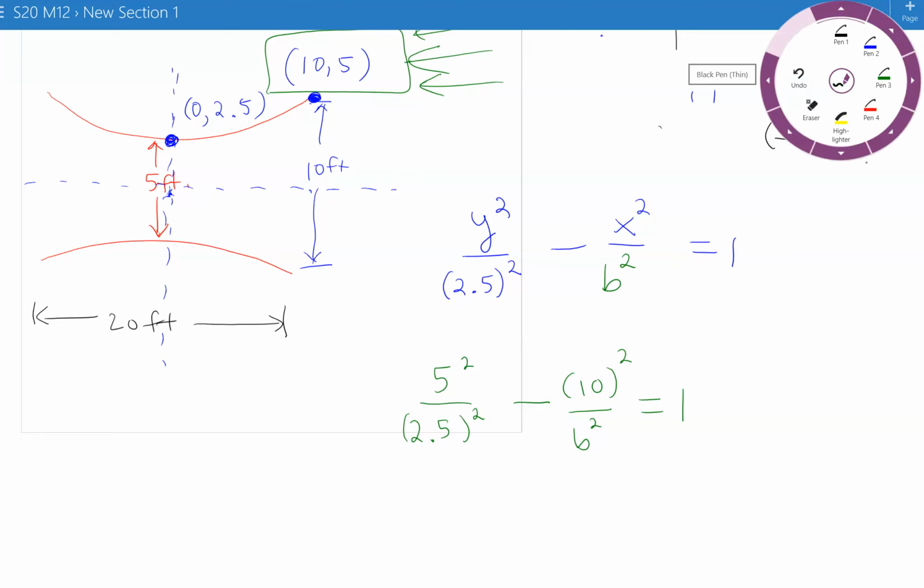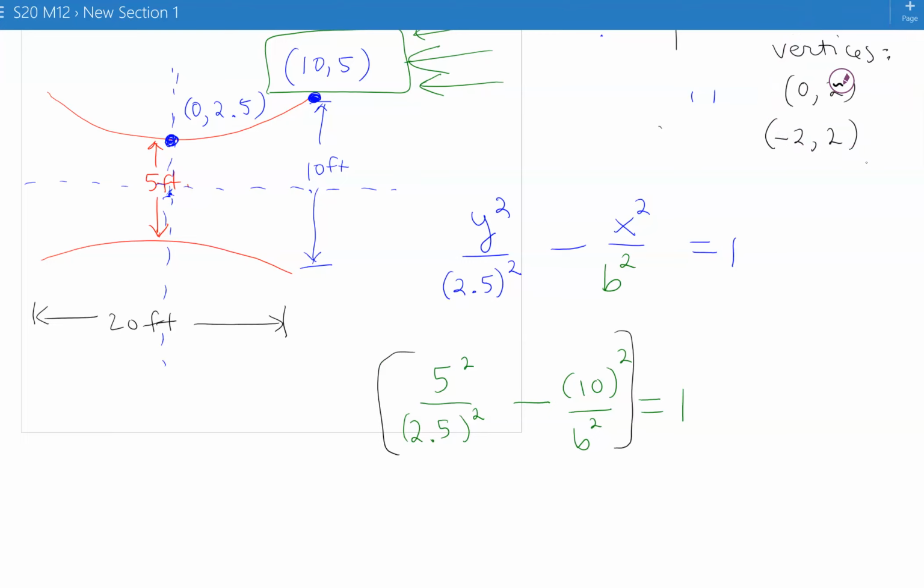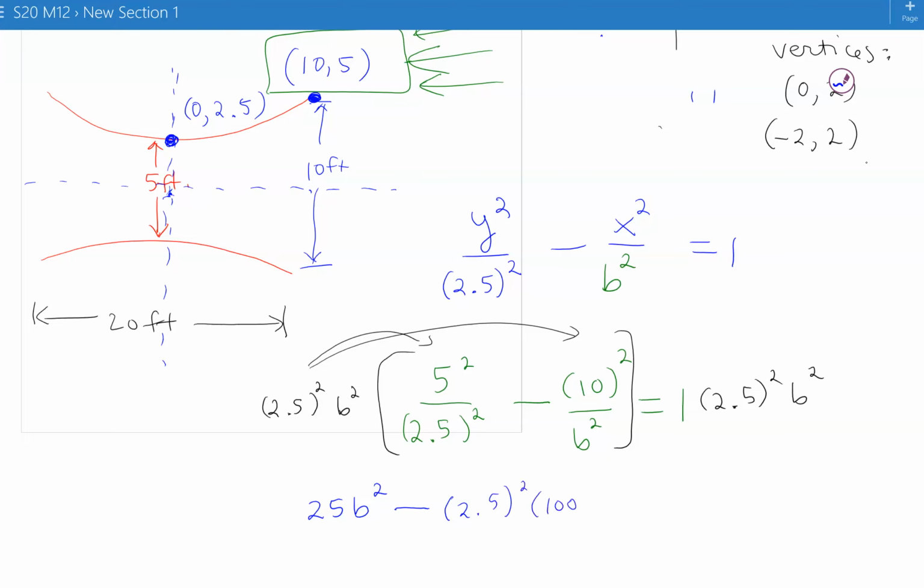So I would multiply both sides by 2.5 squared b squared so that I wouldn't have any denominators to deal with. Then I'm going to distribute. And that will give me 25b squared as my first term minus 2.5 squared times, I know 10 squared is 100. And that's going to equal 2.5 squared b squared.